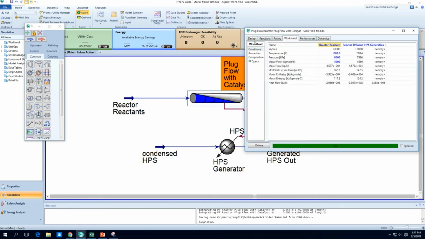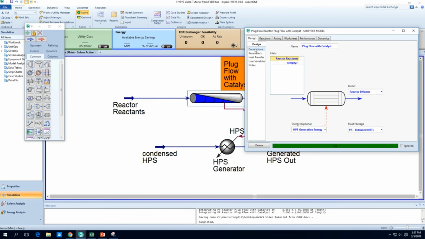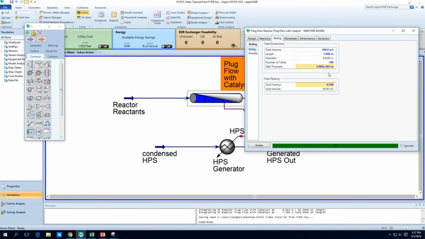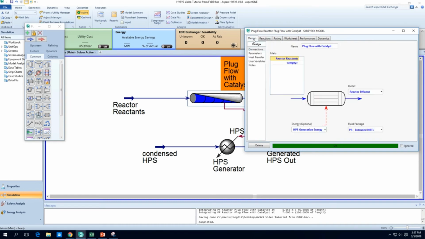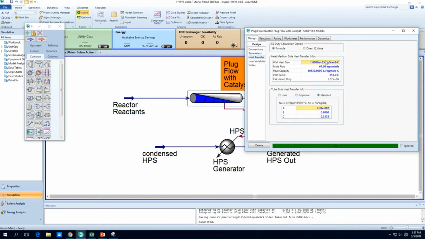So HYSYS will calculate the area A based on the number of tubes. I have to go to the design, oh sorry, the rating. You have to see how many tubes there are, and based on that it'll calculate the heat transfer area. So that fixes A. Then U is calculated based on what you have input here, which is all these heat transfer coefficients, the heat capacity, and of course the Nusselt number as well.